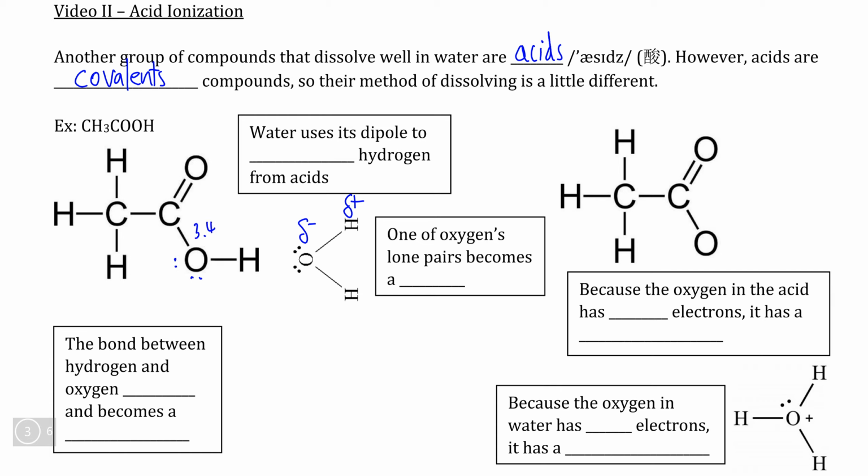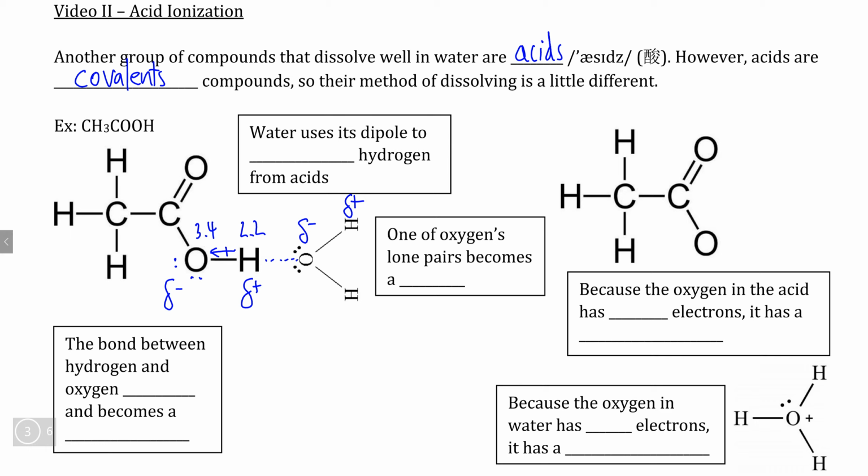And we know that oxygen has a much higher electronegativity than hydrogen, meaning that it is going to pull the electrons in its bond closer to it, giving the oxygen a partial negative charge and the hydrogen a partial positive charge, which means that the partial negative charge on water can attract to the hydrogen on the acid like this.